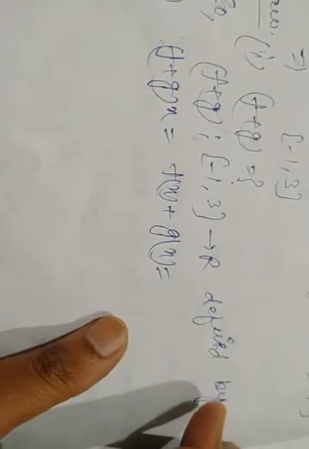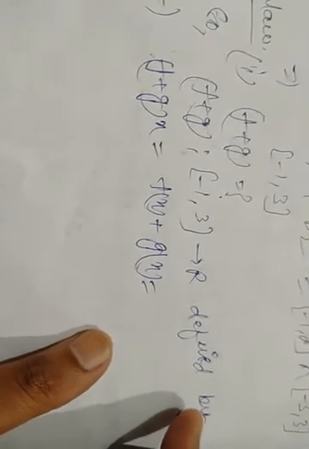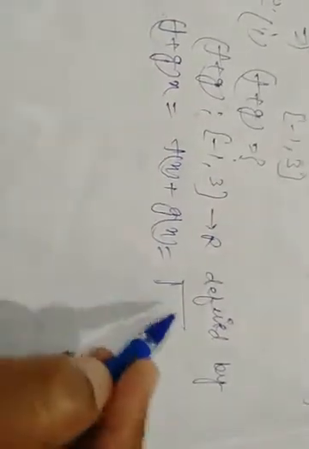Okay, the value of f(x) is what, under root x plus 1. Right, and the value of g(x) is under root 9 minus x square.